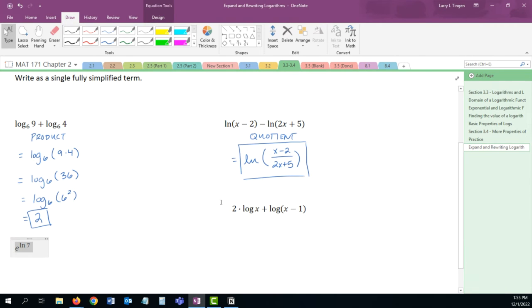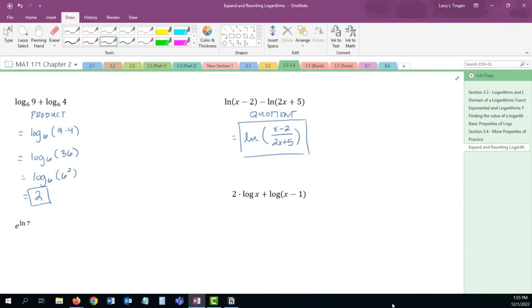If x is in there, you're most likely going to end up with a single log that still has terms in it, or still has stuff in the argument. If it doesn't, like this one on the left, you probably won't. e to the natural log of 7. Okay?